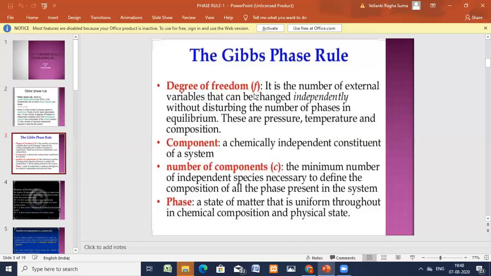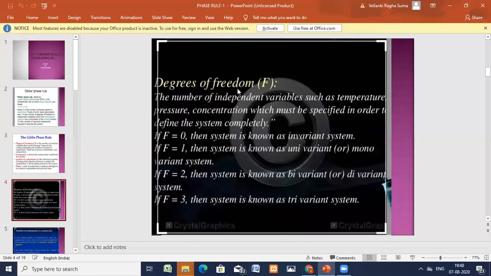That is, temperature, pressure, composition, density. These are the degrees of freedom, the independent variables. These do not disturb the phase. That is nothing but degrees of freedom.